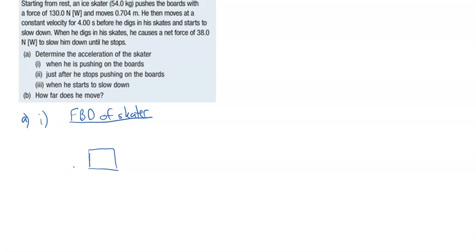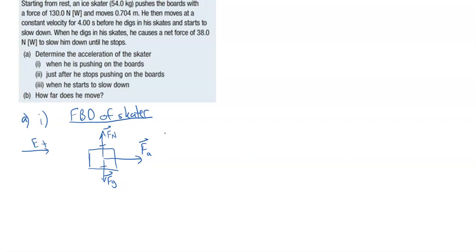That means there's going to be a counteractive force of 130 newtons pushing him in the eastward direction. So he pushes west, and this east force pushes him in this direction. This is the applied force of the boards on him. And then we have this normal force and this force of gravity. These are equal and opposite because he's not accelerating up or down. We're assuming he's not falling through the ice. So that's what we have.